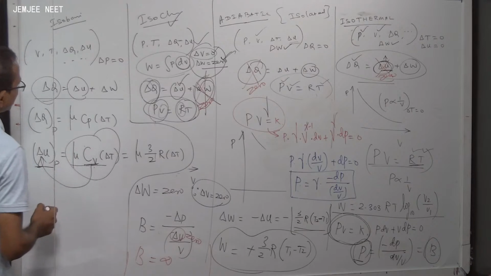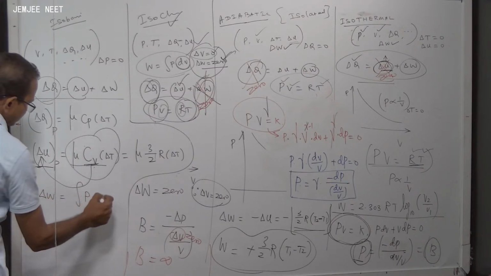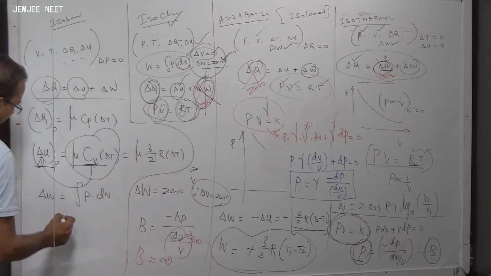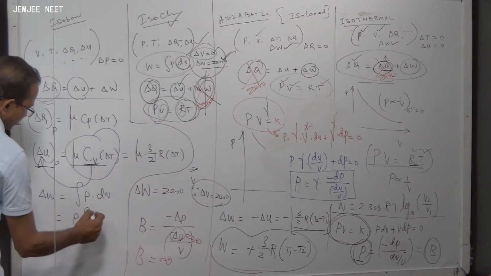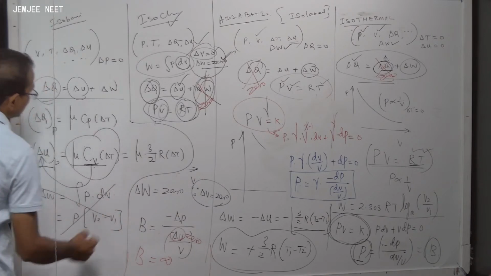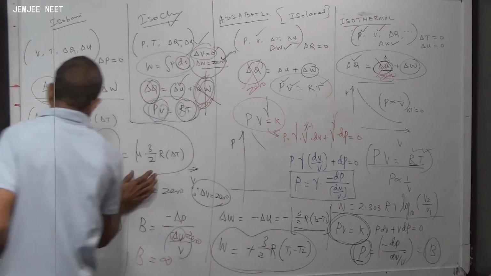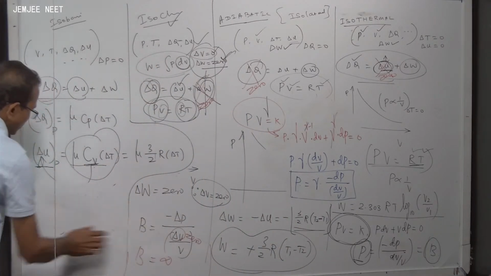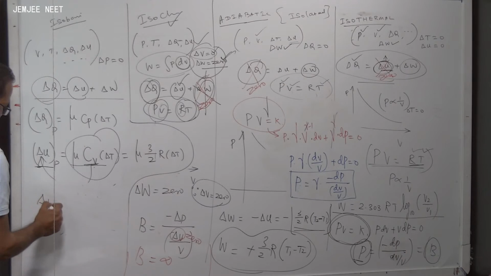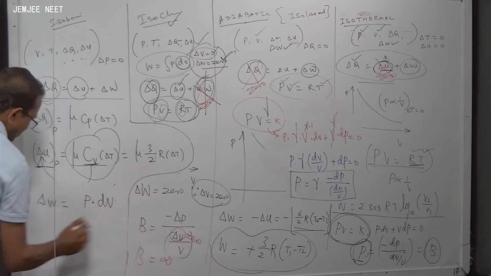This is the delta U. Then delta W is the integral of PdV. So the integration can be taken out: P into V2 minus V1. Once again, I made a mistake, sorry. Work done is the integral of PdV.